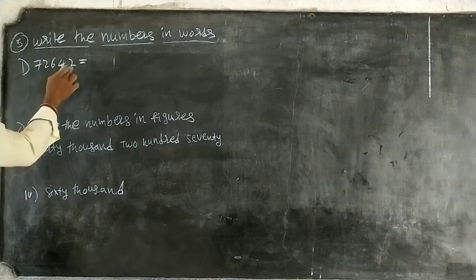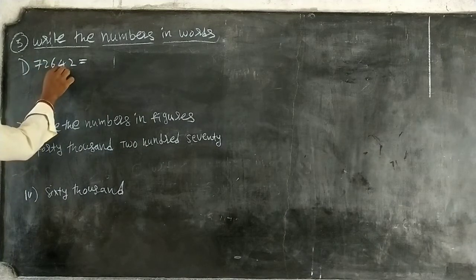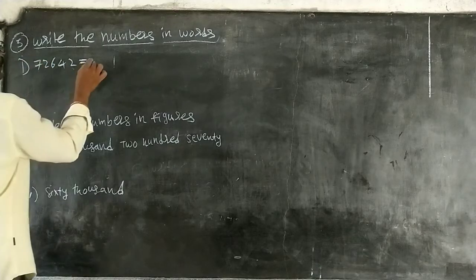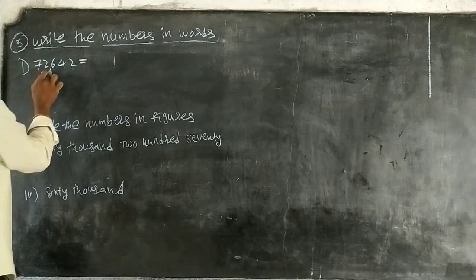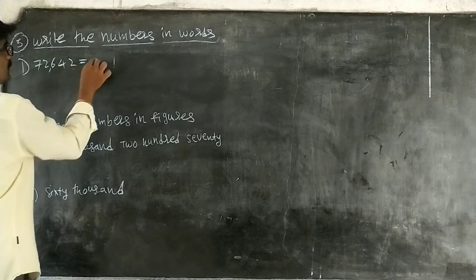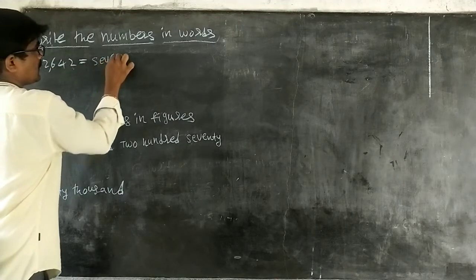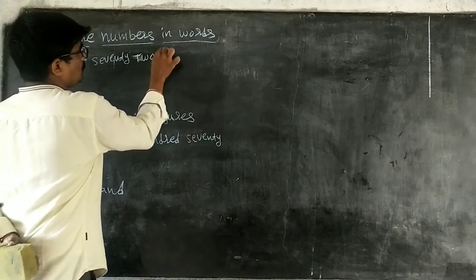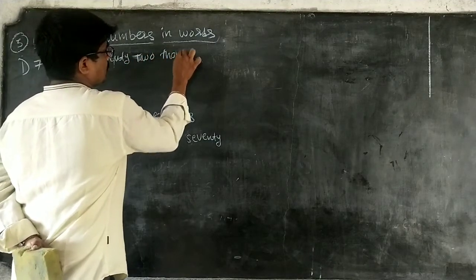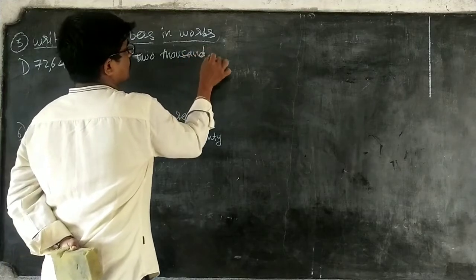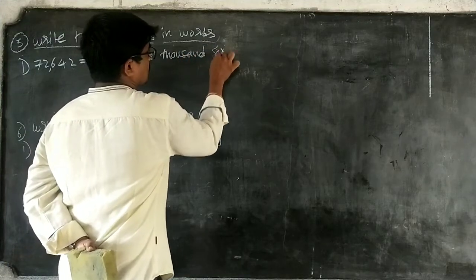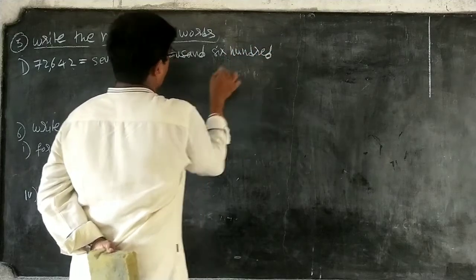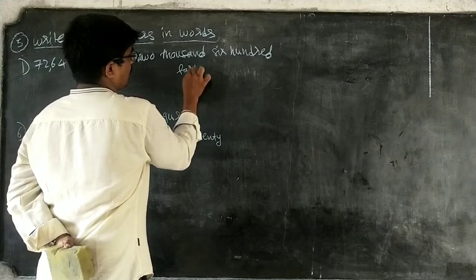That is the fifth problem. Ones, tens, hundreds, thousands, ten thousands. So this is 72,642. 72,600. 642.